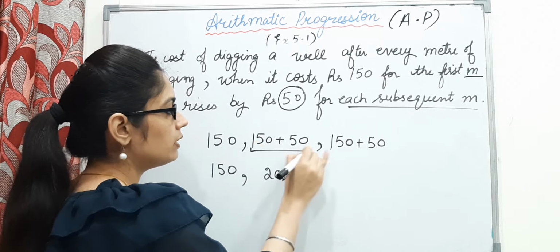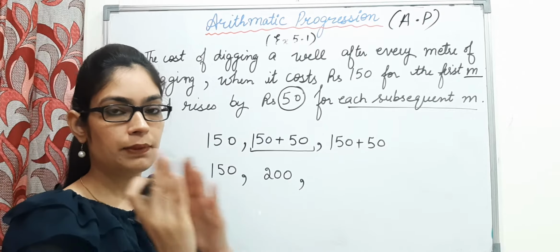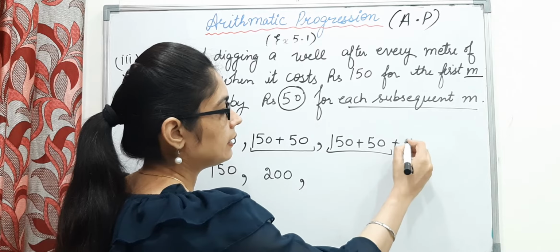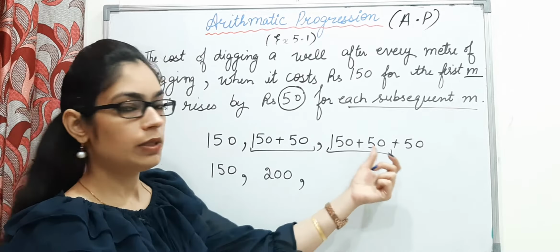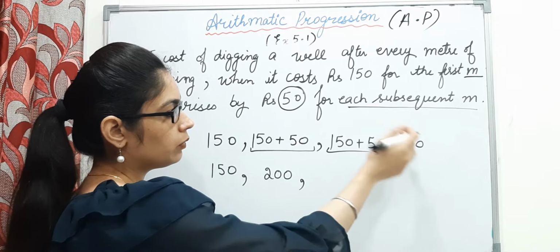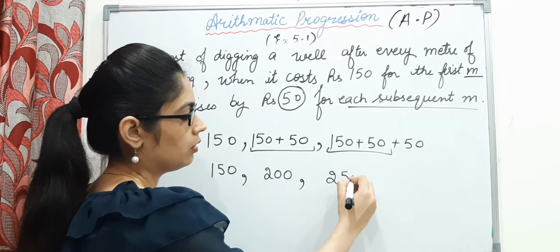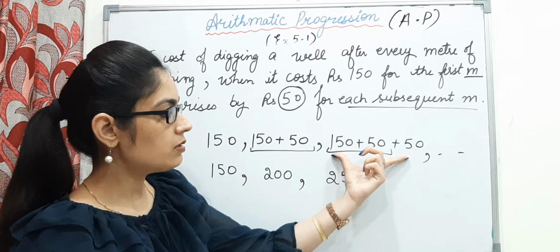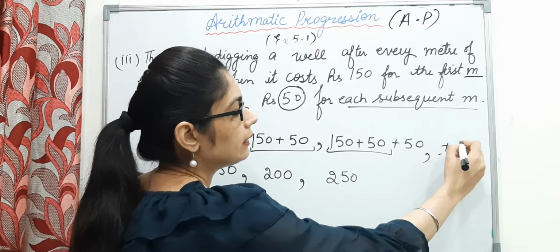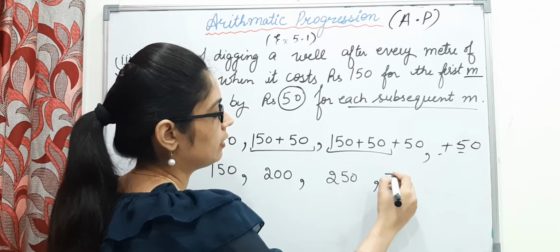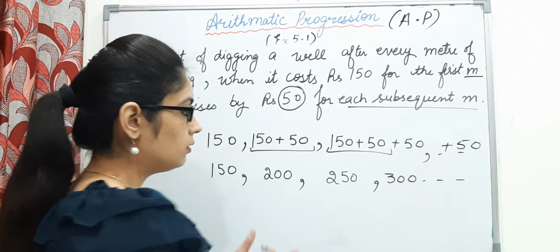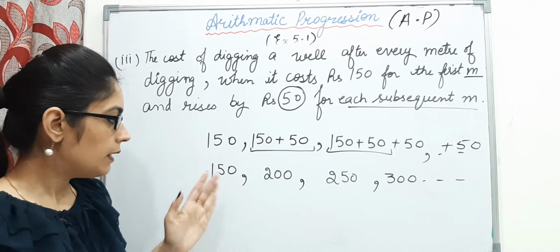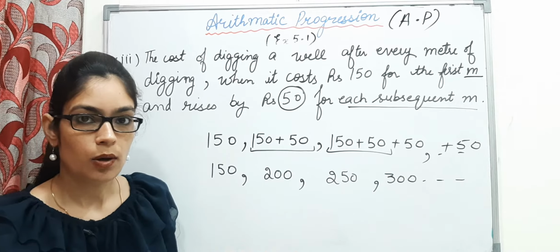So previous cost plus additional 50. 150 plus 50 we have already done, 200, 200 plus 50, 250. For the fourth term also, if you want, we can find: previous term, which is 250, plus additional 50, which is 300. So this is the sequence according to the given situation.